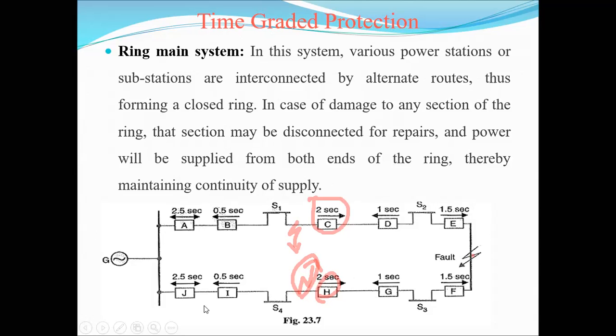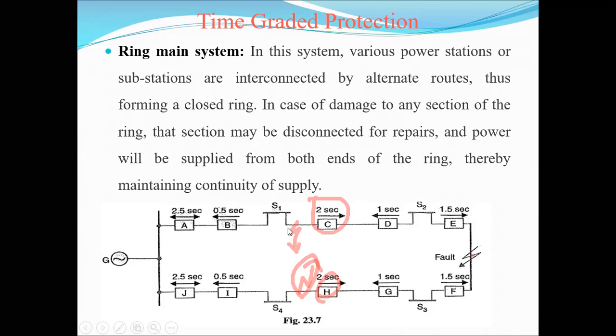From the other end of the generating station, we give continuity of supply to S4, S3, S2, and also up to that point of S1. Only this feeder line, the connection between S2 and S1, is disconnected from the supply system.